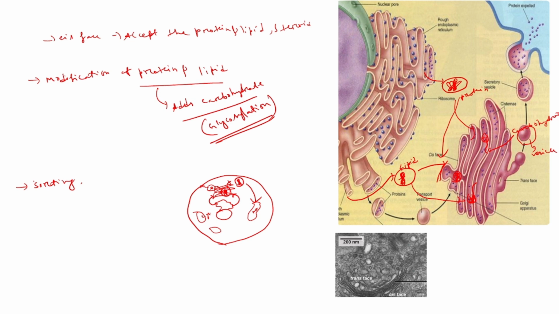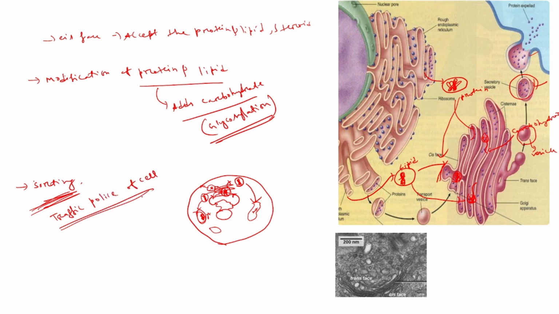This is the protein or lipid needed for the plasma membrane, so it fuses like this. Let's suppose it decides this protein or lipid should go to the lysosome, so again it forms a vesicle, which fuses to the lysosome, and now the lysosome gets its protein or lipid. So this is called protein sorting. It decides which protein or lipid should go to which organelle. That's why the Golgi body is also called the traffic police of the cell.